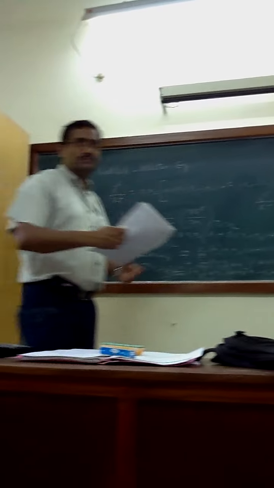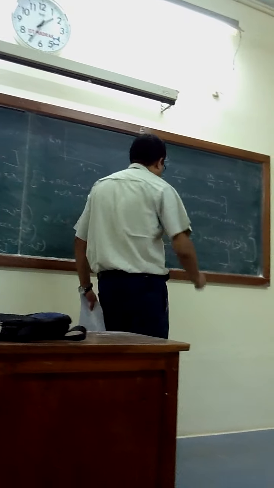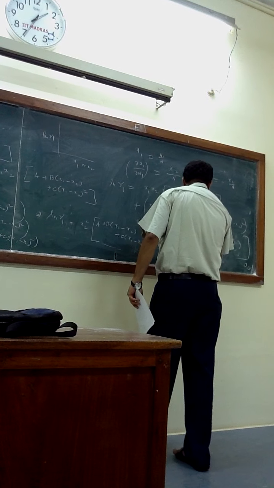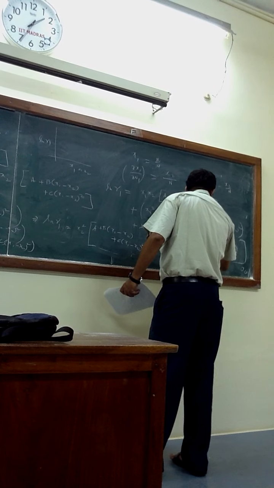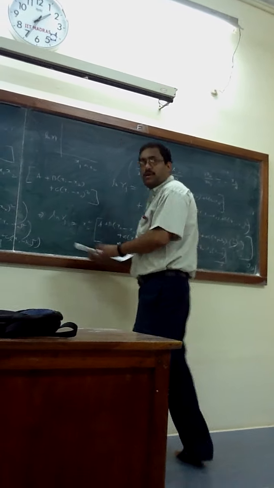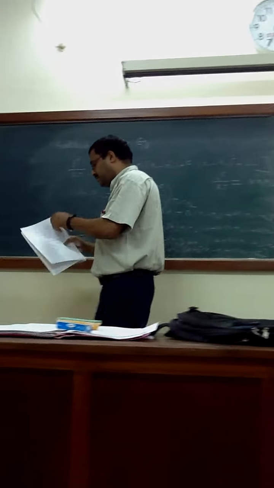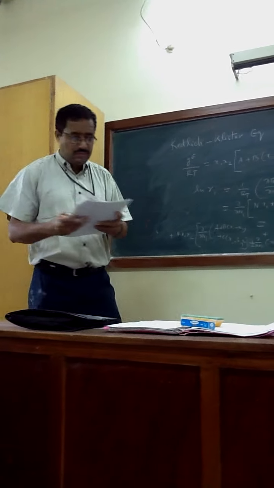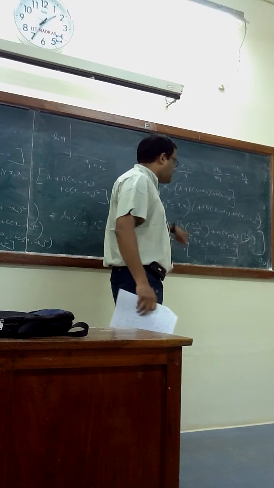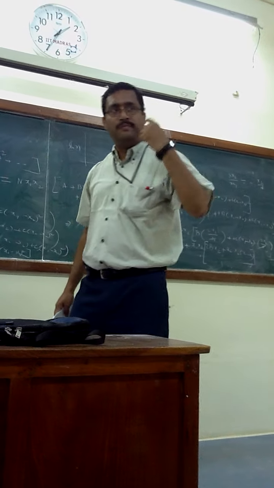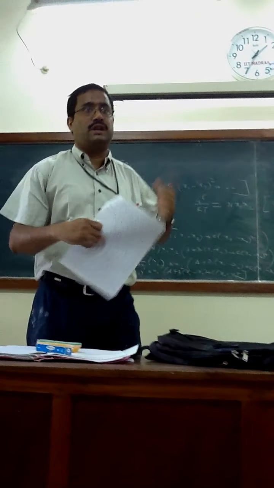x2 plus 2c (x1 minus x2) plus 2b x2 is correct, not 2c. 4c x2 into (x1 minus x2). Okay. See, generally speaking, ln gamma 1 should be expressed in terms of function of x2. So here we have x1, x2 both are there.